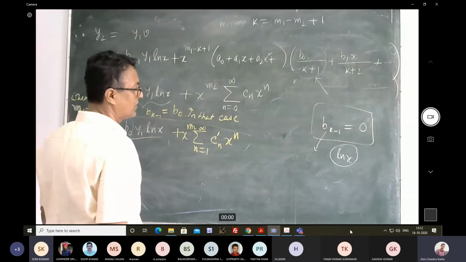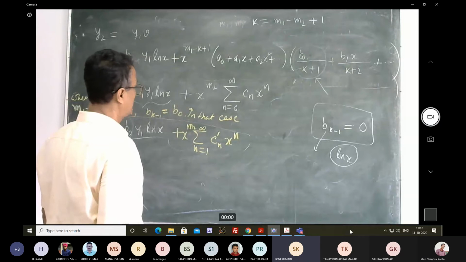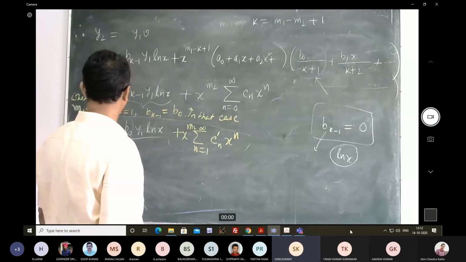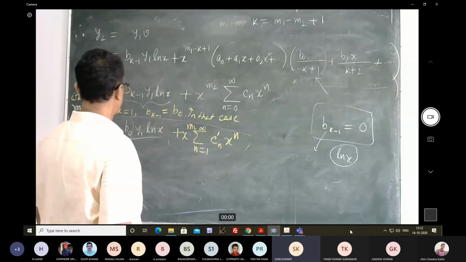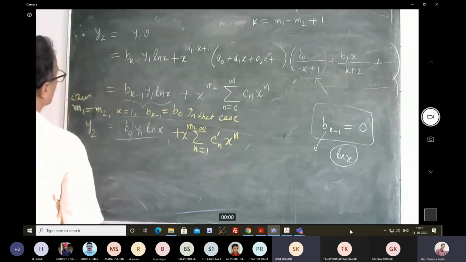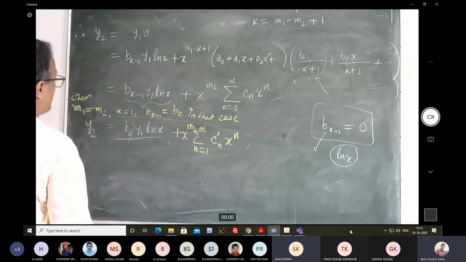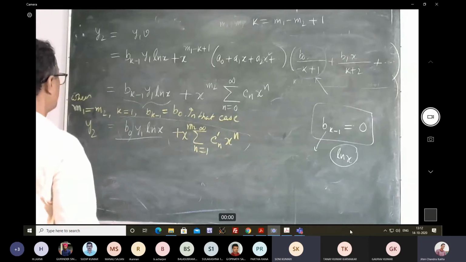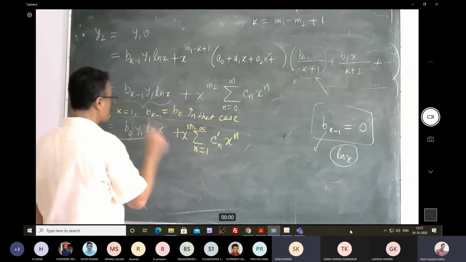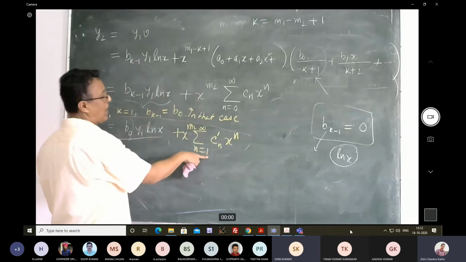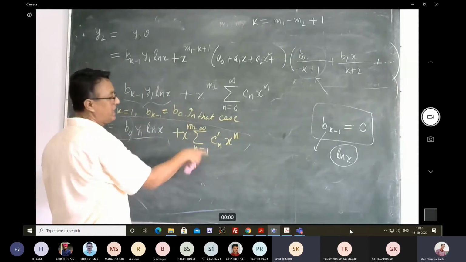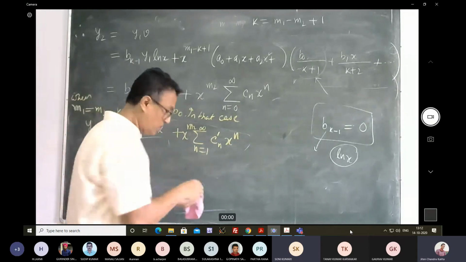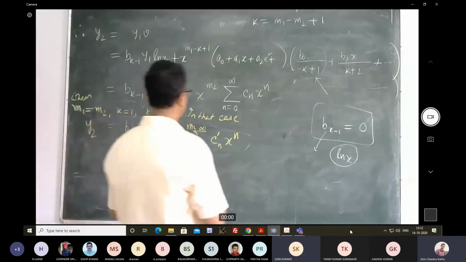Sir, in the last line, is it n equals 1 to infinity or n equals 0 to infinity? In the last line, according to me, when they are going to have infinite, the m1 and m2 are going to be equal. So according to me, this should start from 1. Otherwise we can do one adjustment.